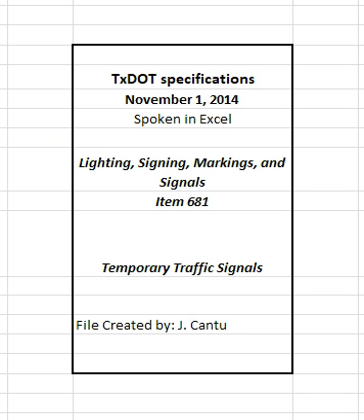Item 621, tray cable. Item 622, duct cable. Item 624, ground boxes. Item 625, zinc-coated steel wire strand. Item 627, treated timber poles.